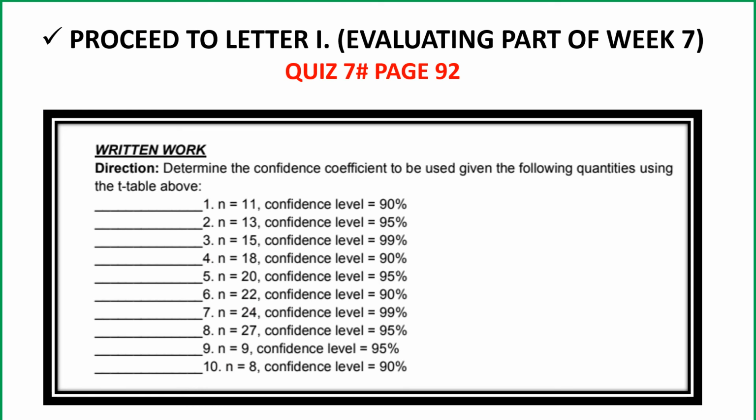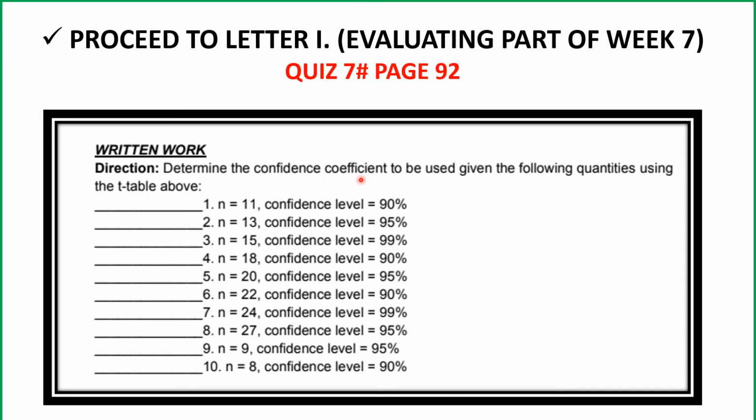So, if wala nang tanong, proceed tayo sa evaluation part ng week 7 sa page 92. So, turn your SciPacs to page 92. Nakita nyo doon is written work. So, you determine the confidence coefficient or the t-score natin. T-score, sabihin ng t-score is confidence coefficient.